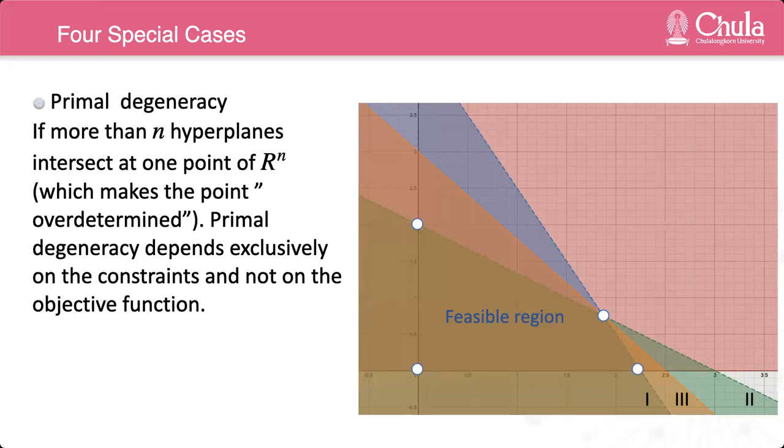If our objective function points to this direction, the maximum point is here, of course. However, normally, in order to identify this point, we need only two constraints. But in this case, we have three constraints defining this point. We call it primal degeneracy.